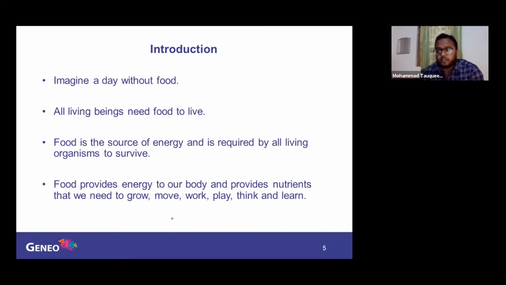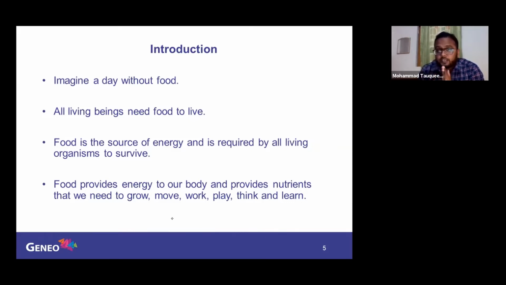So why? It means that for getting energy, food is required. And energy is very much required for our life. A dead organism has zero energy. Remember, a dead organism has zero energy. That's why it is dead.